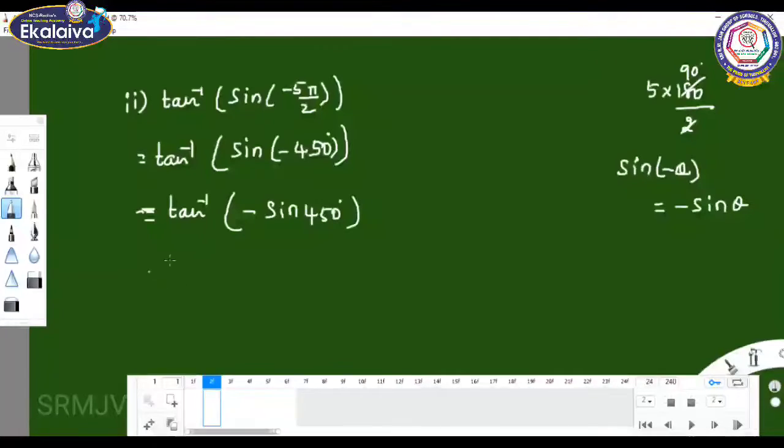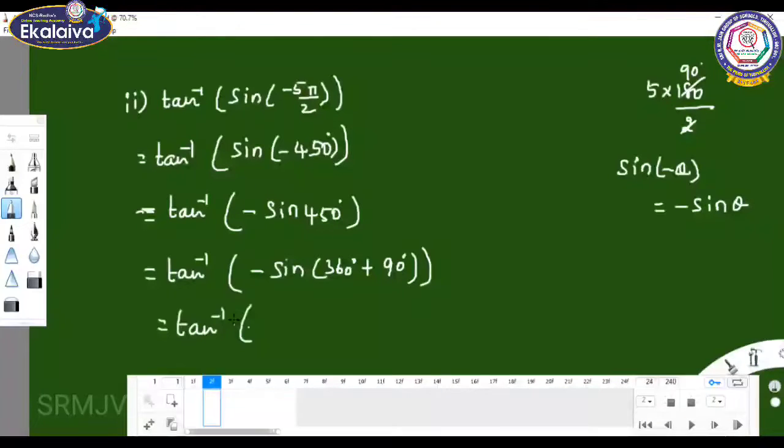So it gives tan inverse of minus sine 360 plus 90, because one complete rotation is 360. Again, it comes to the first quadrant. So you will write tan inverse of minus sine 90 degree.